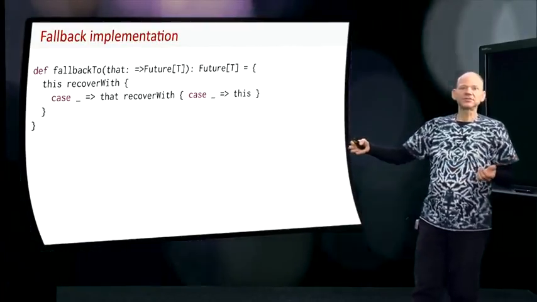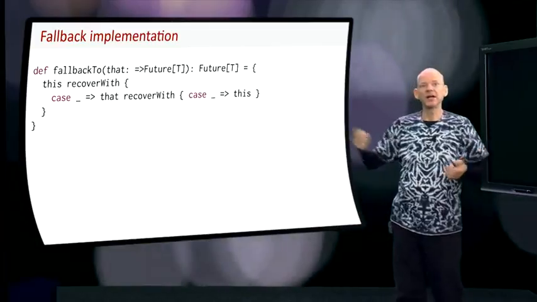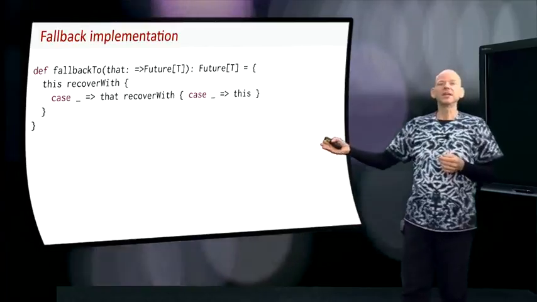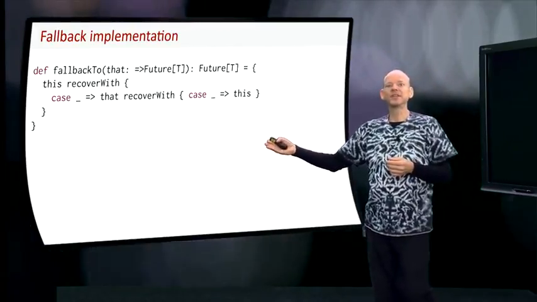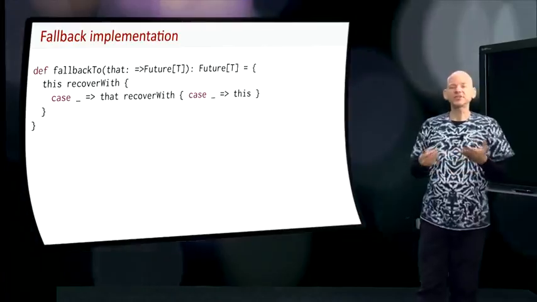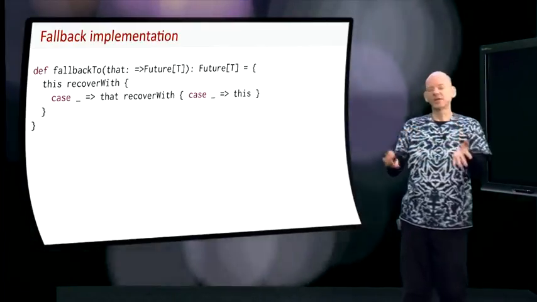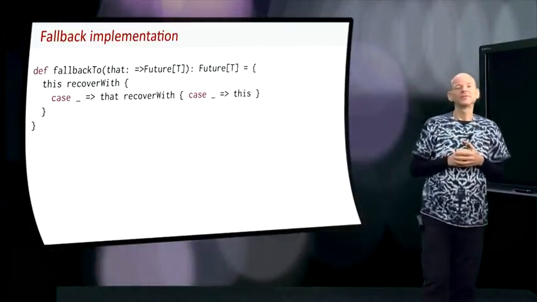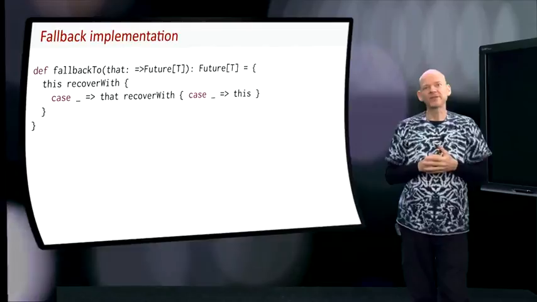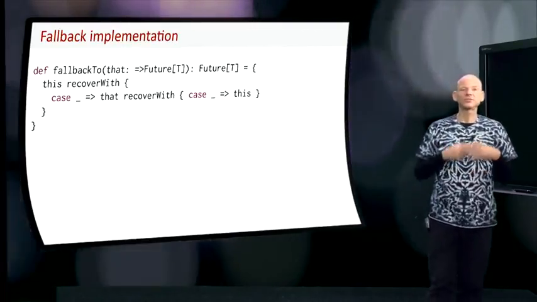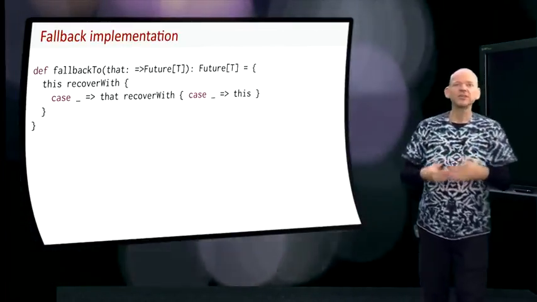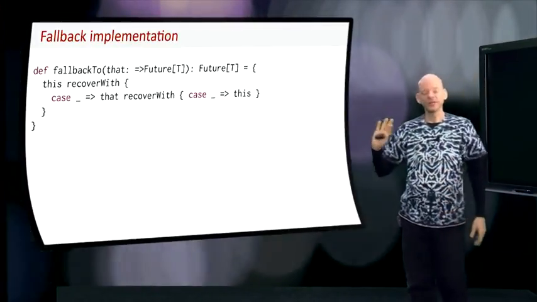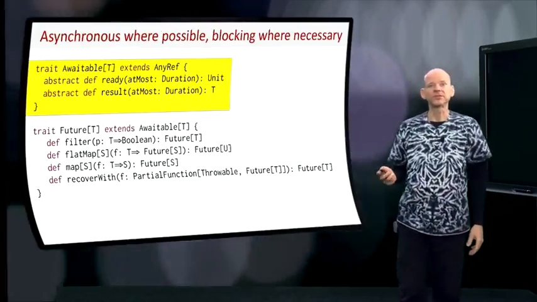In that case, we just can throw away the error message, and then we try that, and if that fails, we recoverWith this, and this is a future, but we know that it failed, so everything goes right. So look at this code for a few seconds, and you have to admit that this is beautiful. You try this, if that fails, you try that, and then in the end you say, okay, if both fail, then we just return this.